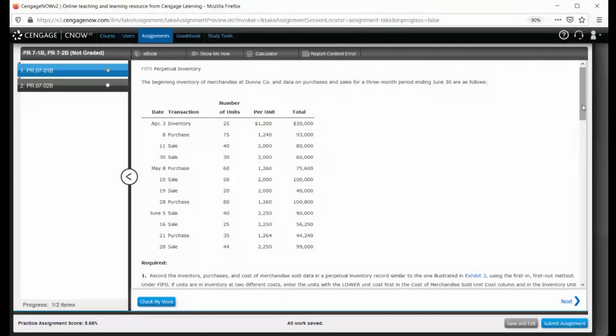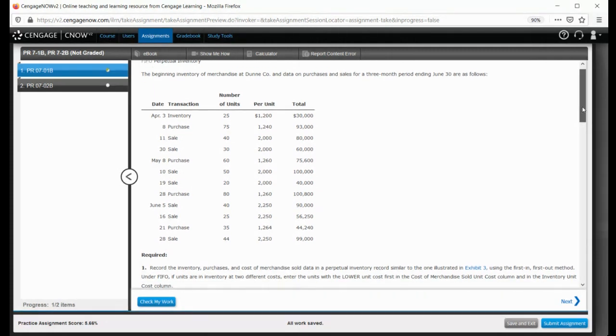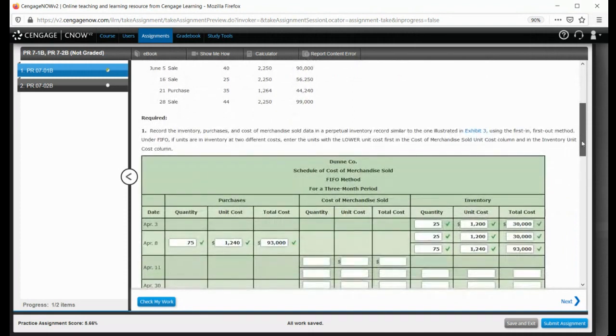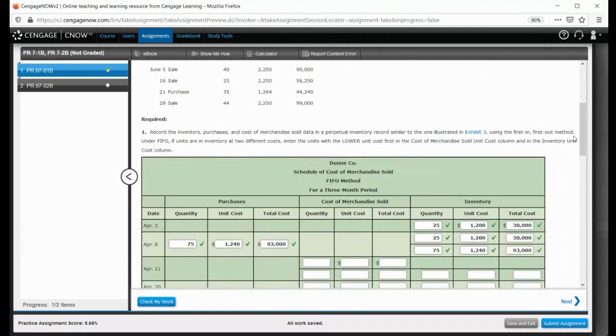Remember, in a merchandising inventory system where we're using the perpetual inventory, we want to keep a record of the cost of the inventory that we sold at all times. In the last chapter, they gave us the cost of the merchandise sold. In this chapter, you're going to have to figure the cost of the merchandise sold.